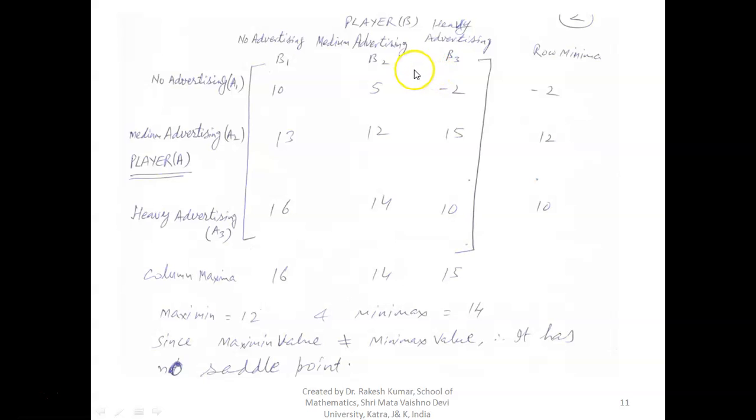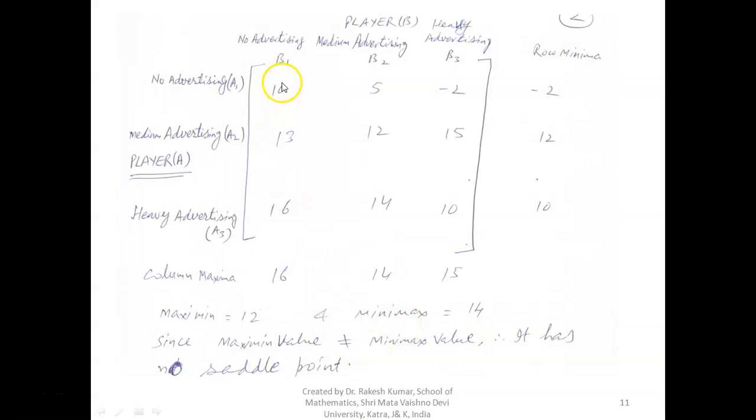We need to reduce it. We have learned a procedure to solve 2x2 games without saddle point, so we can use that procedure. But before that, we have to reduce it to a 2x2 game, and for that we use principles of dominance.